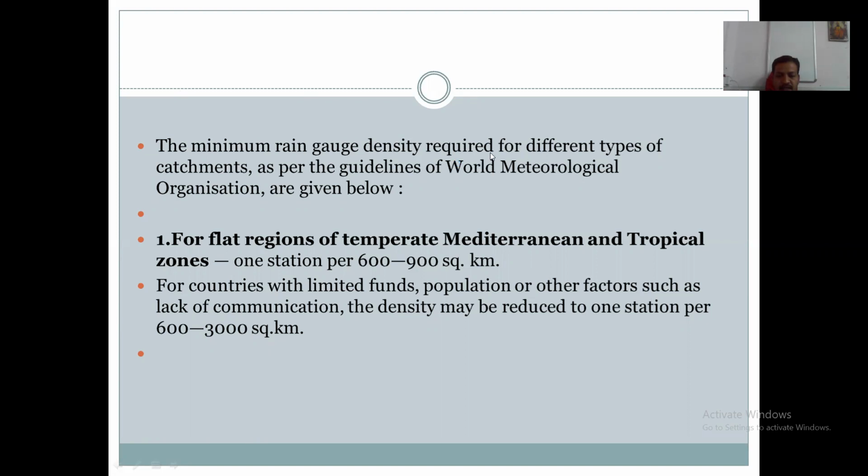That is given by the World Meteorological Organization. Guidelines are given by the World Meteorological Organization for minimum rain gauge density required for different types of catchments.